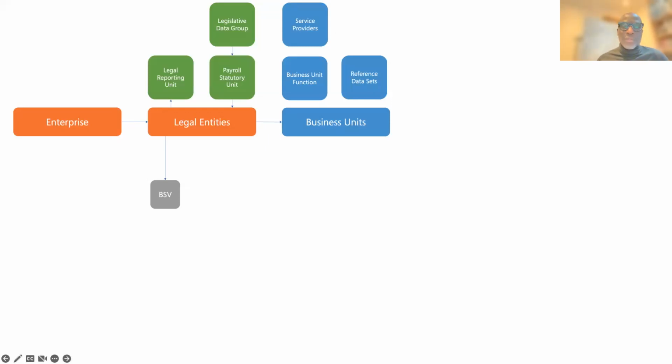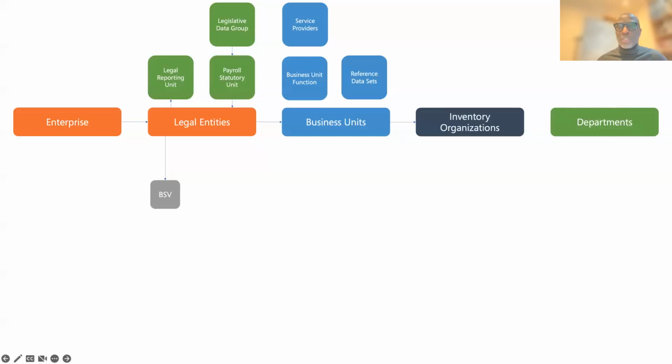Other things you need to think about within the organization structure is the inventory organization. And this performs operations like purchasing, inventory, costing, and so on. And then you have departments, which is mainly within HCM. And you would normally assign workers or employees to departments so that they can be associated with cost centers, and it is also used for approvals. So that's why we need it within finance.